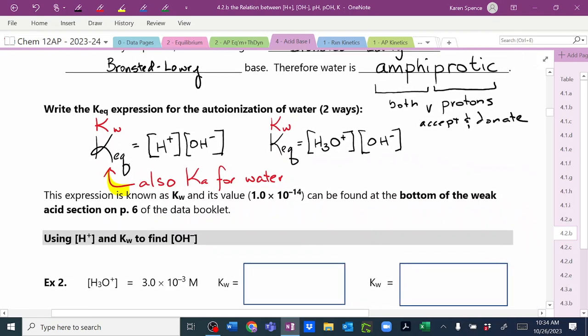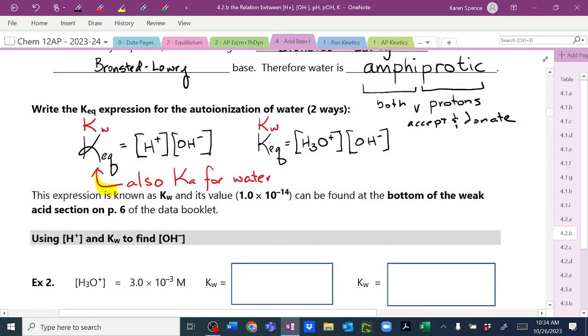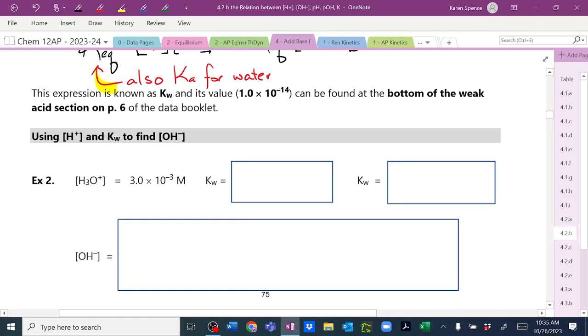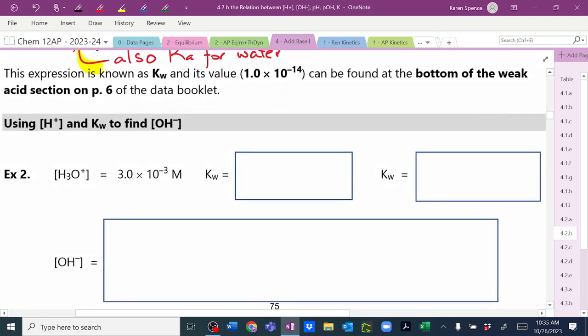Now, guess what? You have one equation here that has 3 variables in it. If I give you 2 of the variables, you can always solve for the third. So here we go. We've got H3O+ equal to 3.0 times 10 to the negative 3. Kw is equal to H3O+ times OH-.